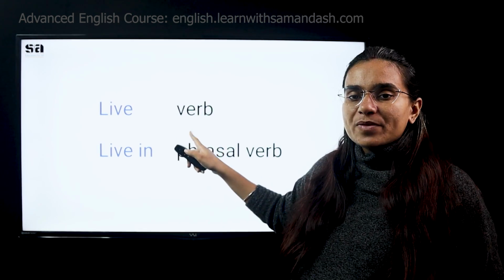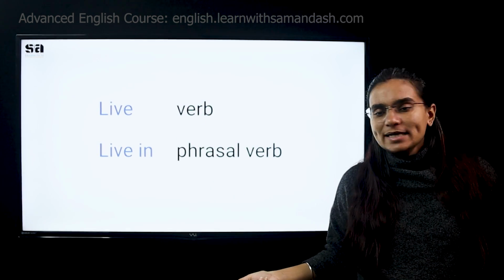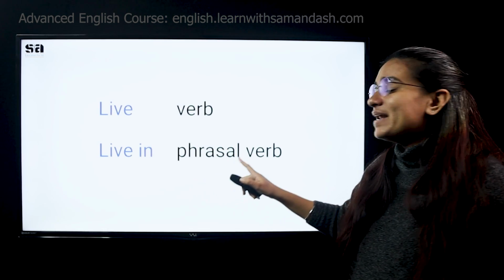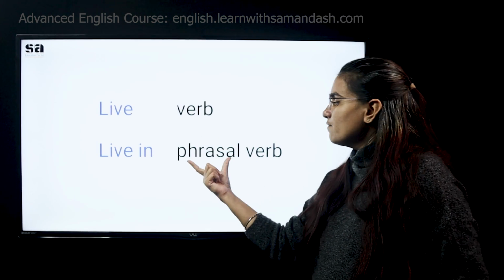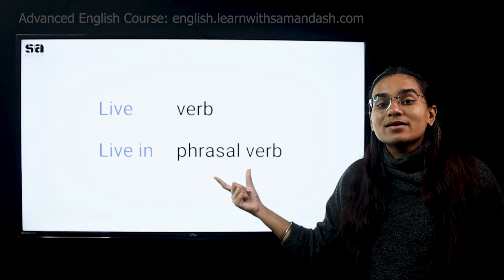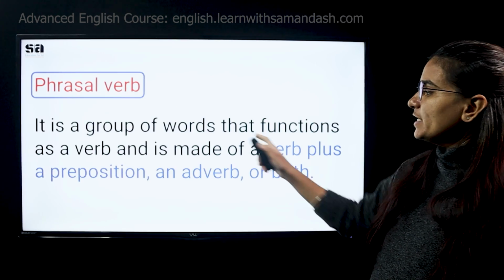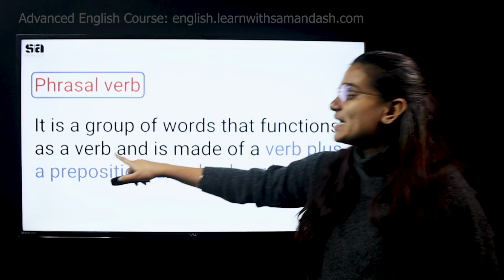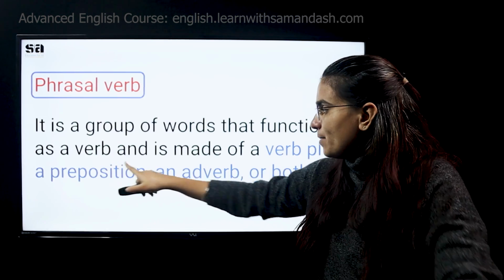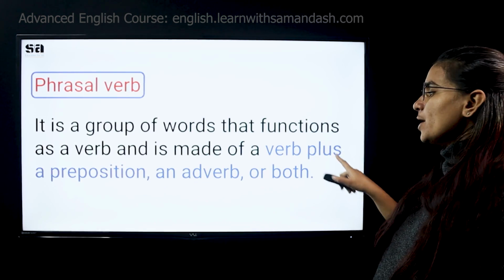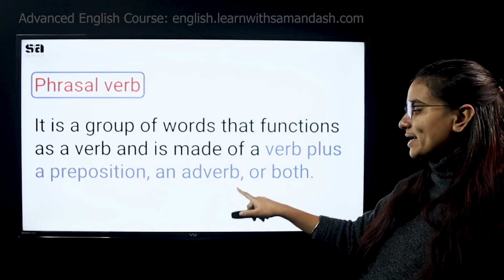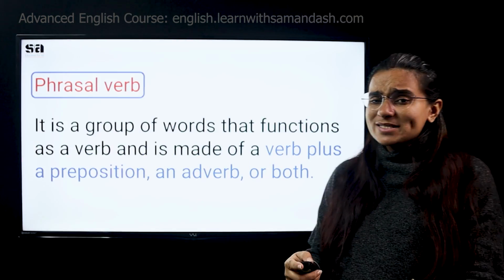It is a verb. A verb talks about action, right? Live in is a phrasal verb. Now there is this term which we have added here, phrasal. What does that mean? A phrasal verb is a combination of words that functions as a verb. They act as a verb, but they are made of a verb plus a preposition or an adverb or both. Hope this is making sense.